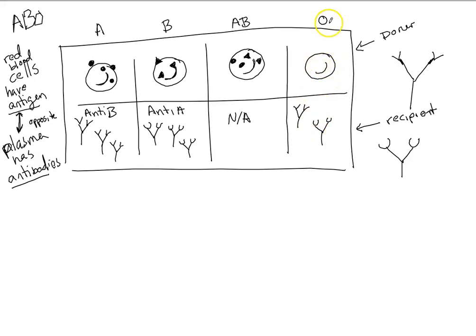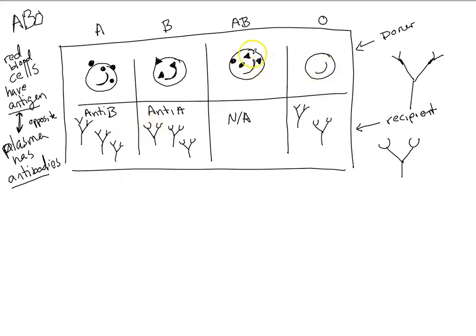So type O donor can give to type O recipient using these labels. Type O can give here because there's no antibodies to interact with it. Type O can give here because it doesn't have any A antigens. And type O can give here because it doesn't have any B-type antigens. So O is known as the universal donor. O can give to anybody.